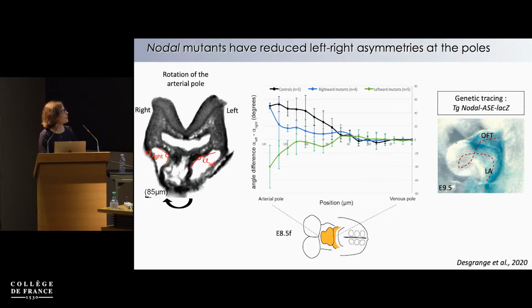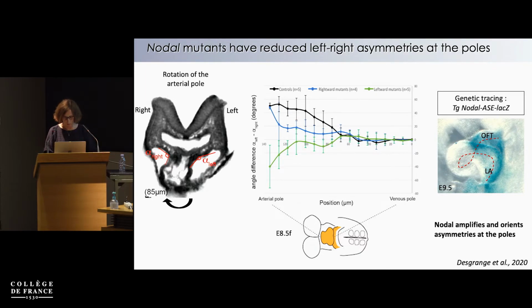So some mutants will do the rotation on the right side, but some others will do the rotation on the left side. But in addition to that, if you compare the blue line and the black line, you will see that nodal also regulates the intensity of the asymmetry. So nodal is required to orient, but also to amplify the asymmetries at the poles.